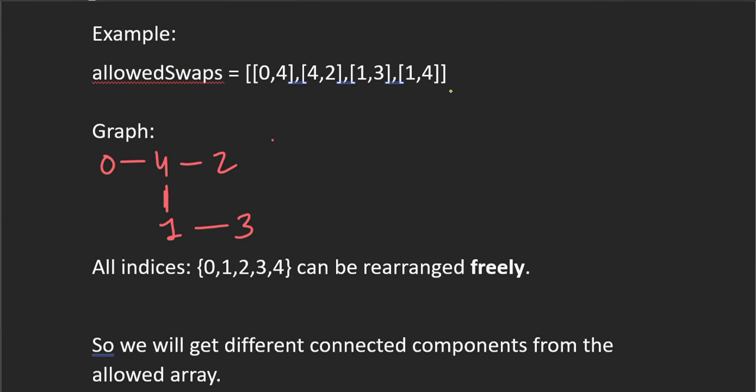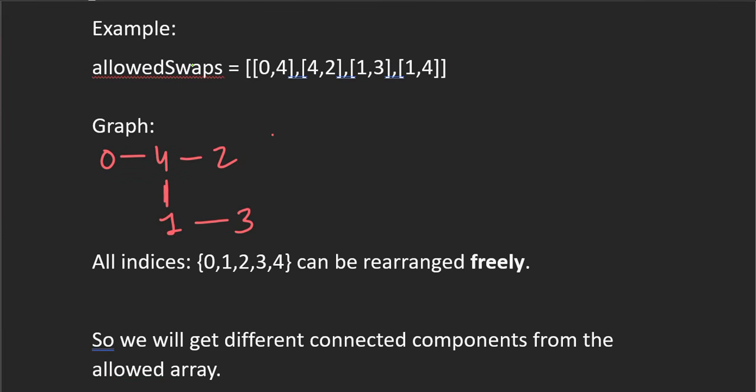So let's see an example. In the example it is given that 0 and 4 can be swapped, 4 and 2 can be swapped, then 1 and 3 can be swapped, and 1 and 4 can be swapped. So it is showing that if we can swap 0 and 4 and then 4 and 2, that means we can swap 0 and 2 directly. Or if we can swap 0 and 4, then we swap 4 and 1, that means we can swap 0 and 1 directly.